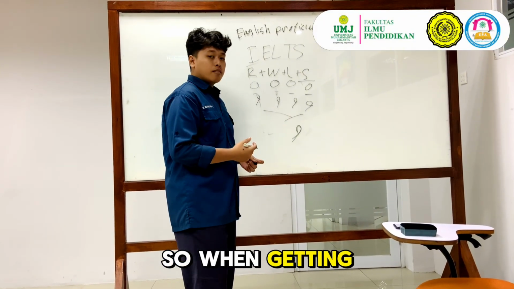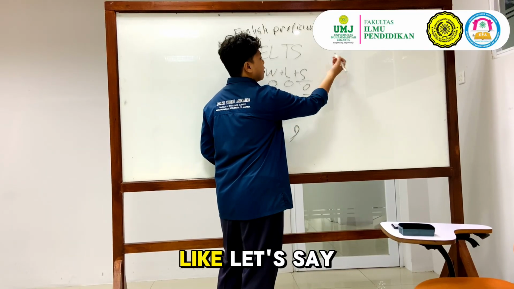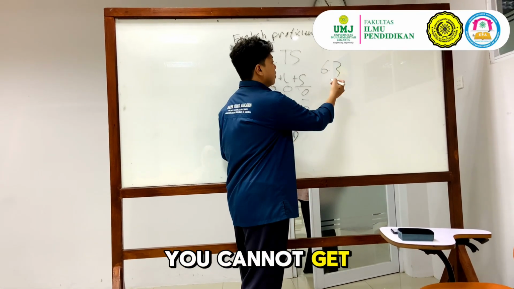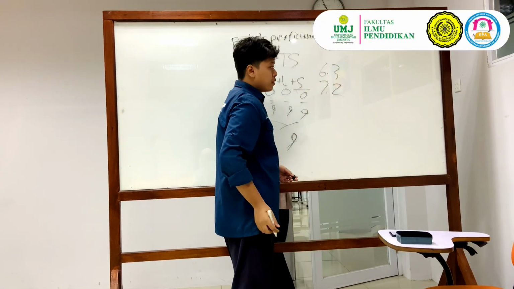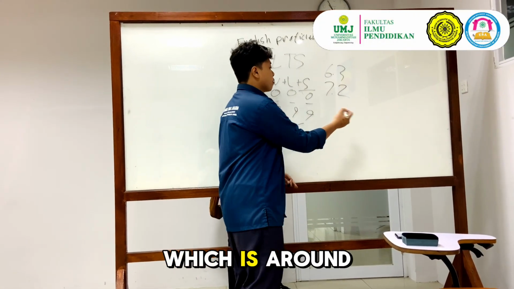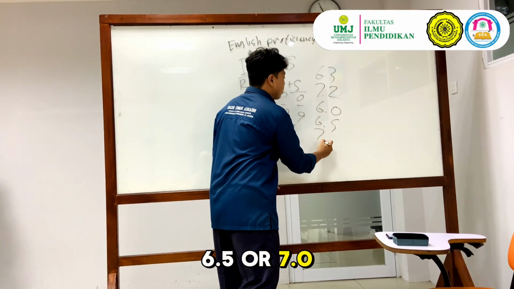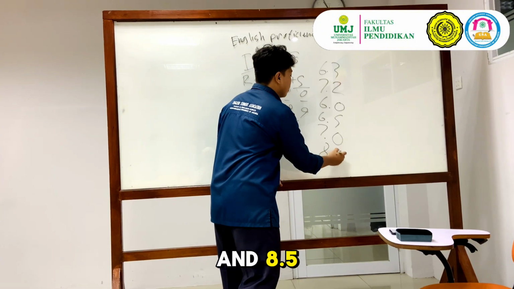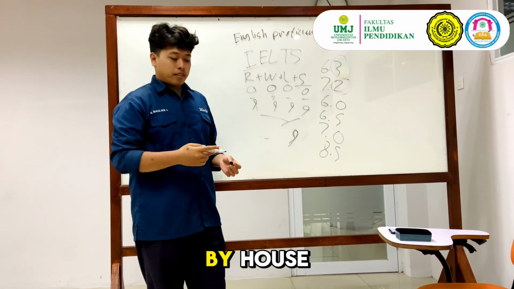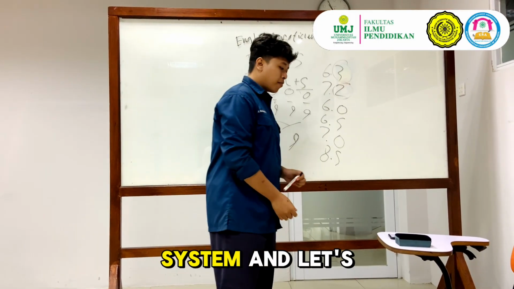So when getting an IELTS score, you cannot get, let's say, 6.3 or 7.2. The scores come in 0.5 increments, such as 6.0, 6.5, 7.0 and 8.5. So it's only divided by halves. So we have a different score system.